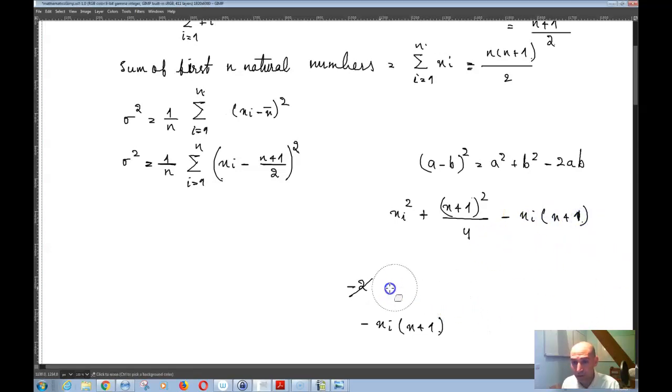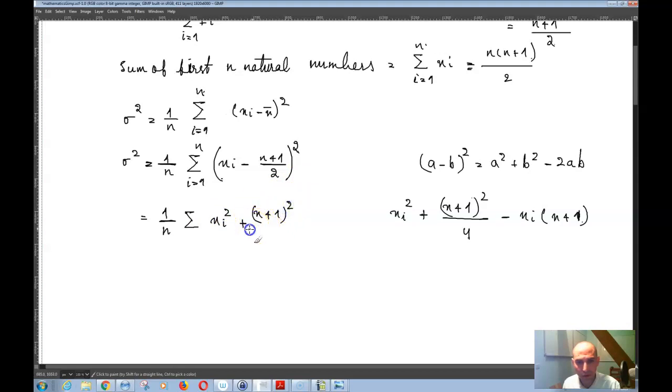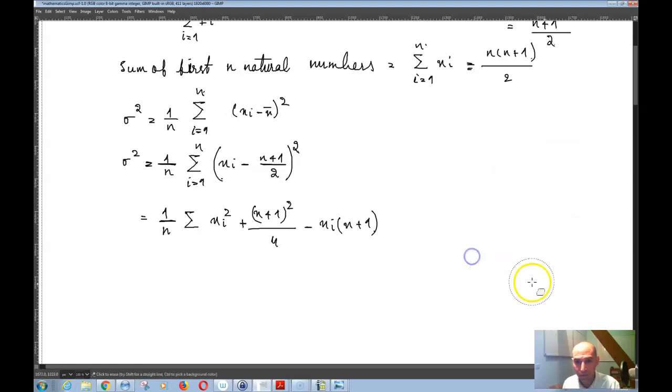So that is this part that I can write here. I can write 1 over n sigma of x of i squared plus x plus 1 squared divided by 4 minus x of i times x plus 1, as i goes from 1 to n.